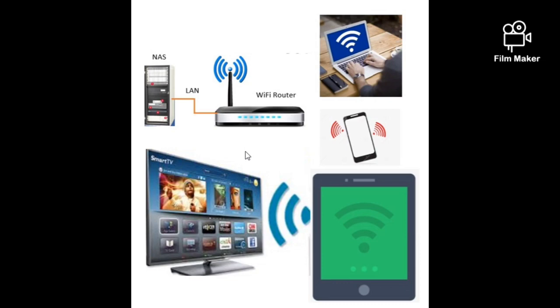There will be occasions when we have to access a media file like video or audio from a common place from different gadgets. This can be done by using cloud storage or WhatsApp.